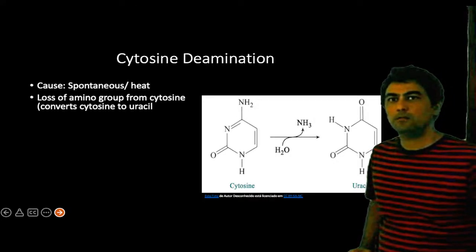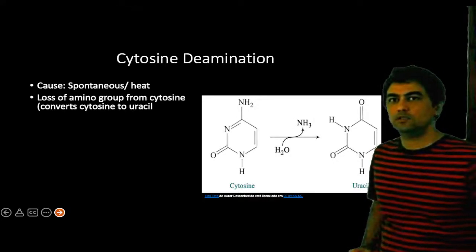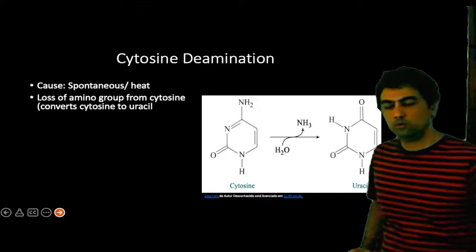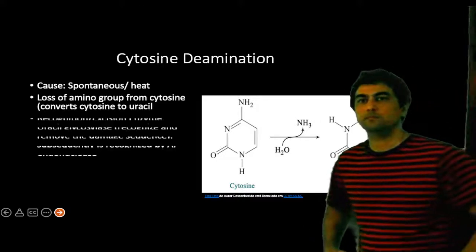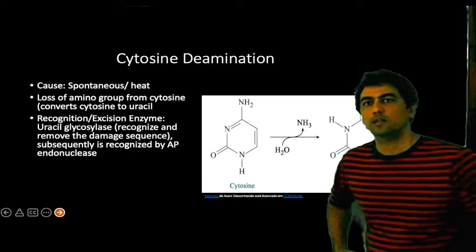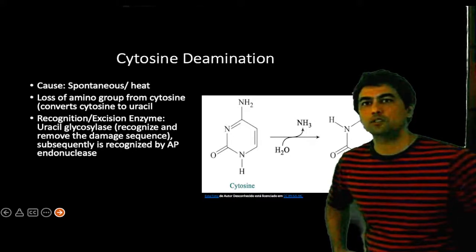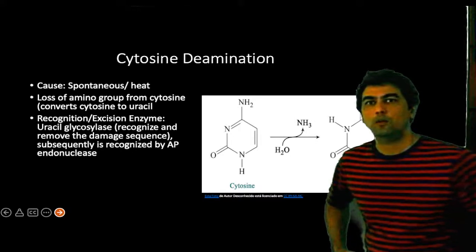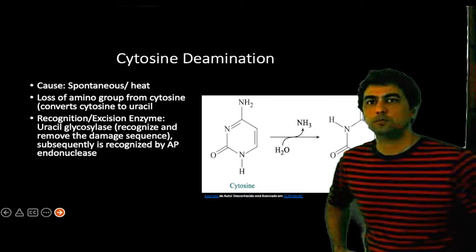Loss of amino groups from cytosine converts cytosine to uracil. The recognition excision enzyme uracil glycosylase recognizes and removes the damaged sequence. Subsequently, it is recognized by AP endonuclease.